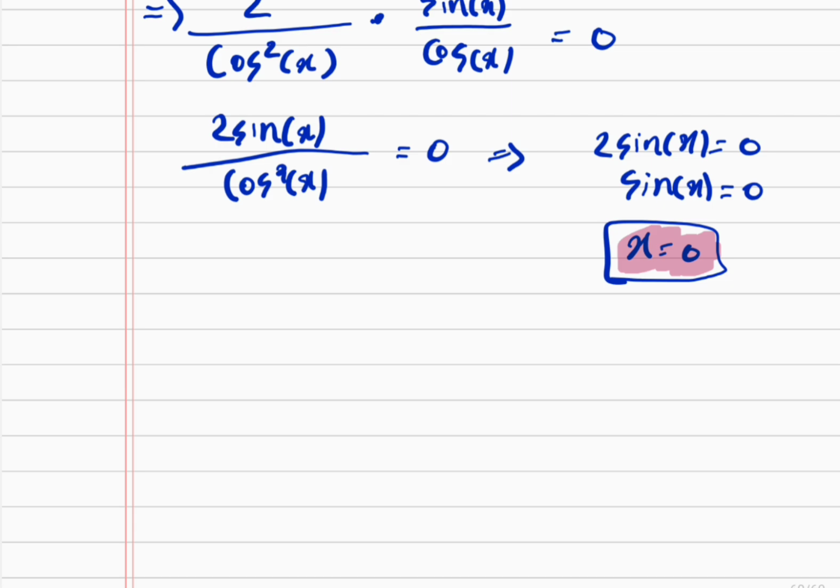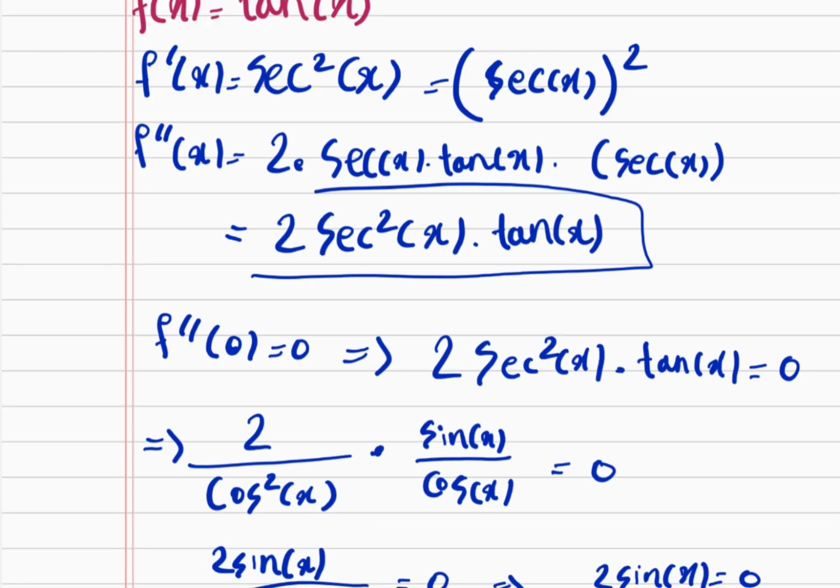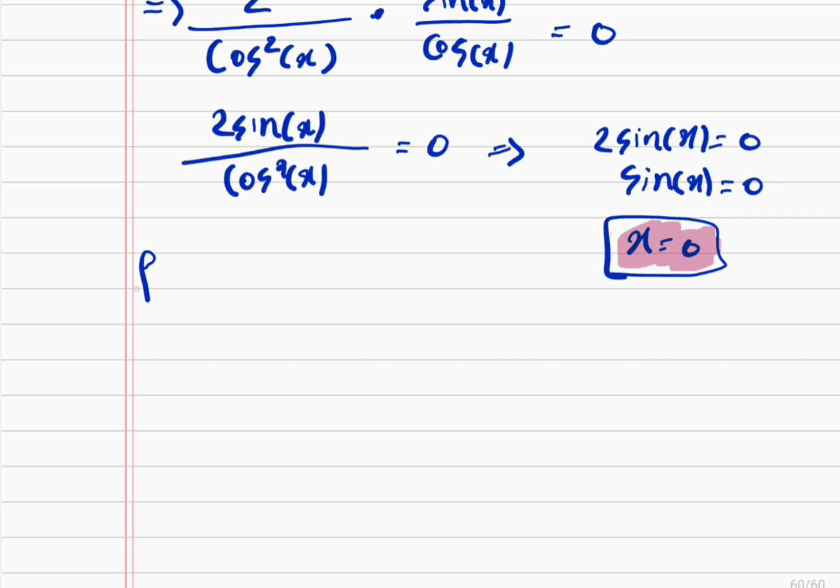So we just need to substitute x is equal to 0 into f of x to find the y coordinate. So f of 0 is equal to tan of 0, and tan of 0 is just 0. So the coordinates that we have found so far are the coordinates of the origin, which are 0 and 0.